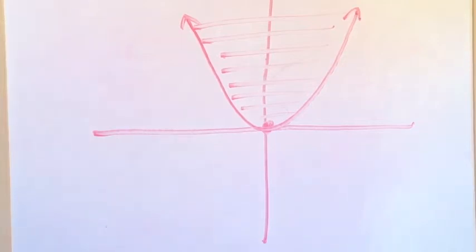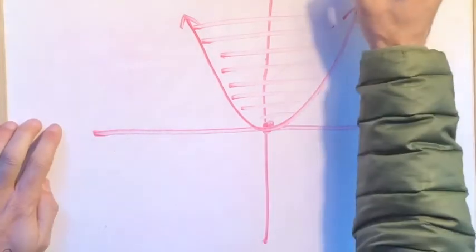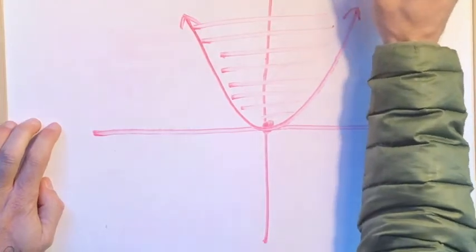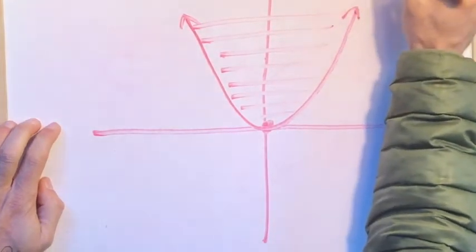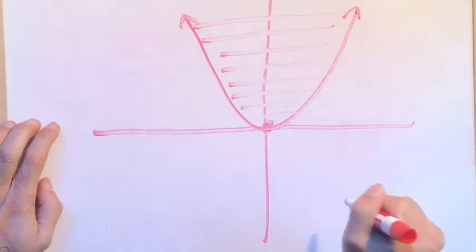Oh, wait. What kind of graph is this? You should understand this is not a quadratic. It's not an absolute value. It's actually a circle. Remember, whenever you have x squared plus y squared equals r squared, that's a circle.